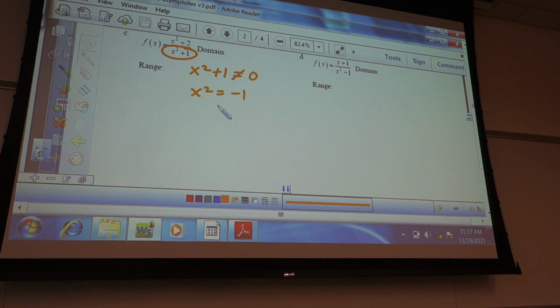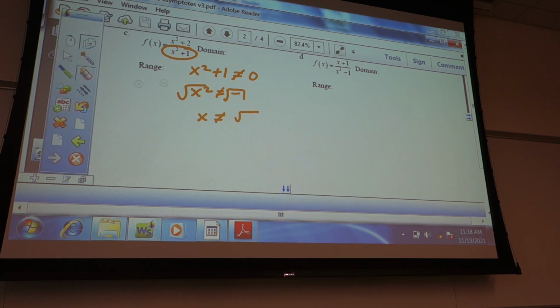And then I try to take the square root of both sides, but you can't take the square root of a negative number. So x can't equal the square root of -1, but that's imaginary. So there's nothing that x can't be. Does that sort of make sense? So this does not exist. Whatever x can't be doesn't exist. So x can be anything. It means there are no restrictions.